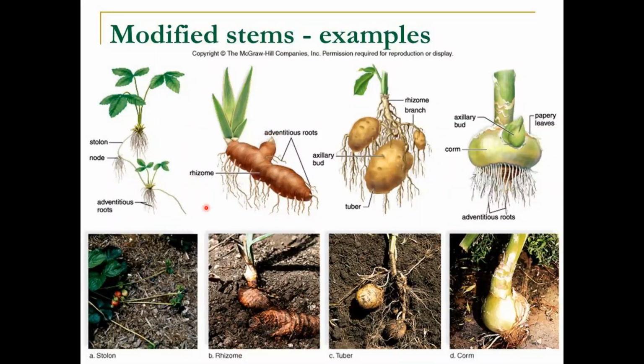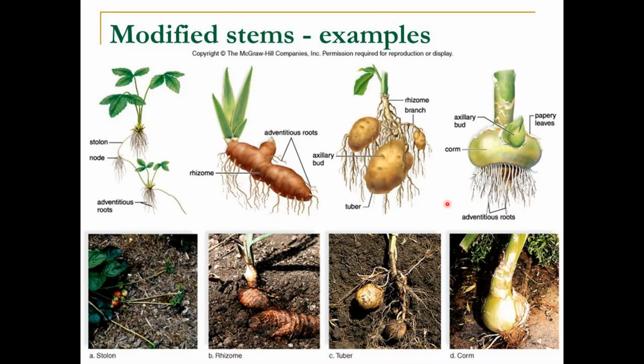And then, of course, all of those structures have roots. They're adventitious roots, and I will explain what an adventitious root is. Adventitious roots are roots that help anchor the plant and absorb nutrients and water from the substrate, right?